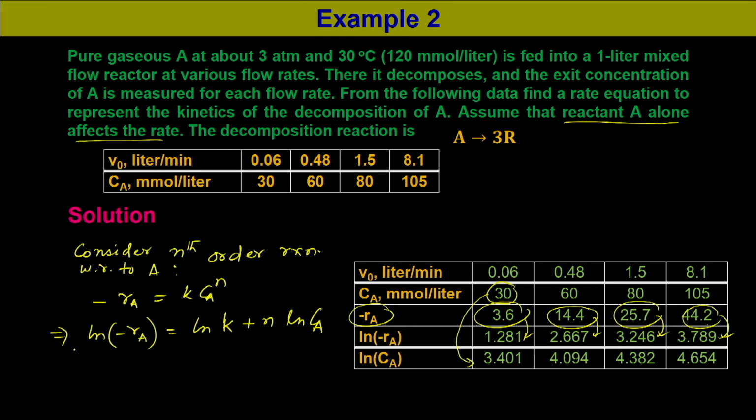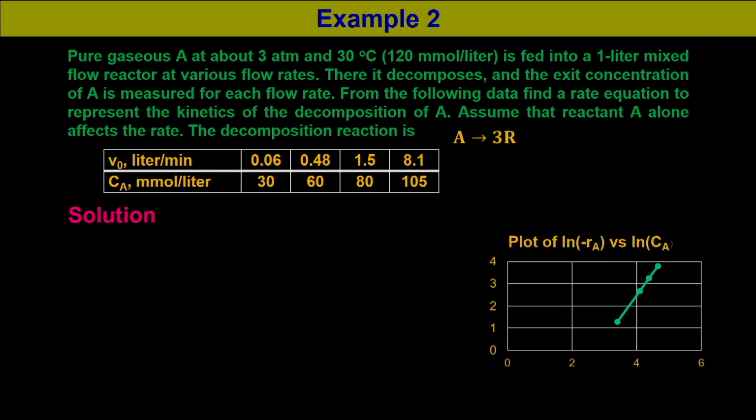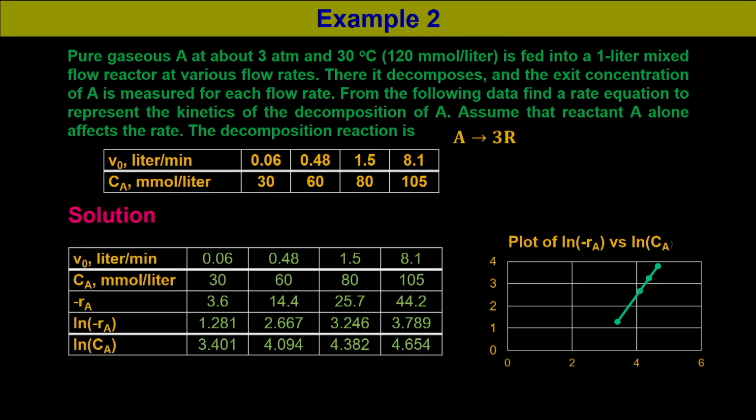So, in this equation we can calculate this part and this part. Now, we plot these values, ln(minus r_A) versus ln C_A.